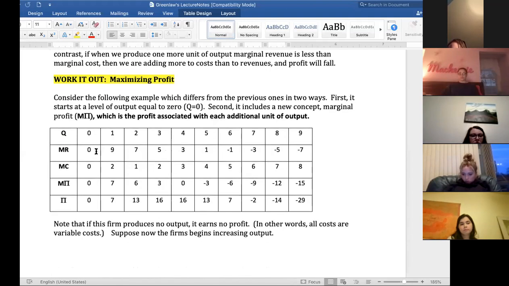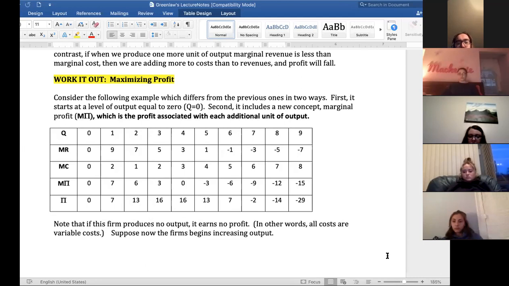In this table, we have quantity, marginal revenue, marginal cost, and I introduced something called marginal profit. What do you think marginal profit is? Sierra? It is the additional profit for every additional output.